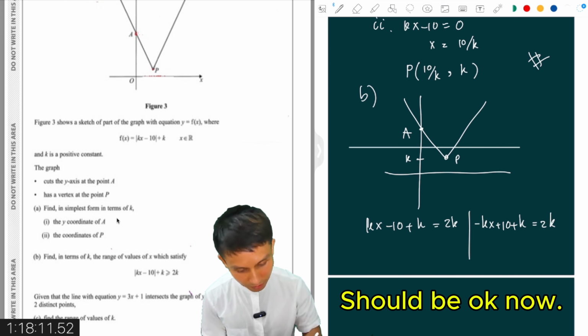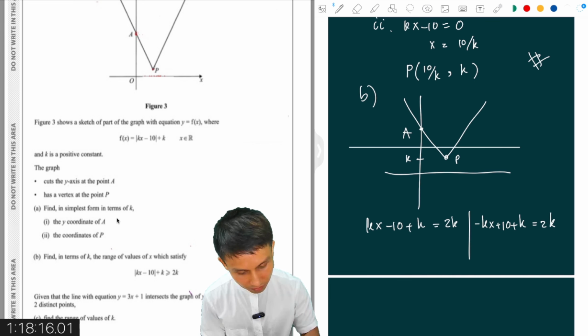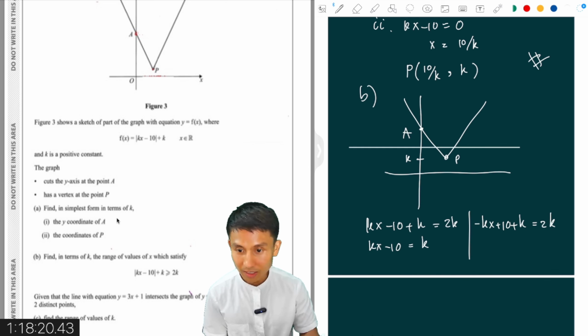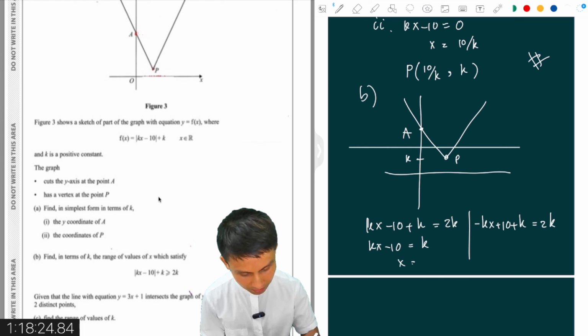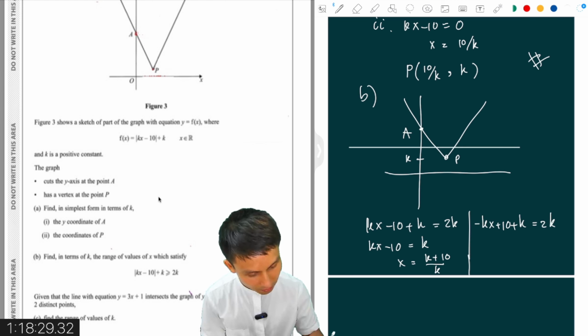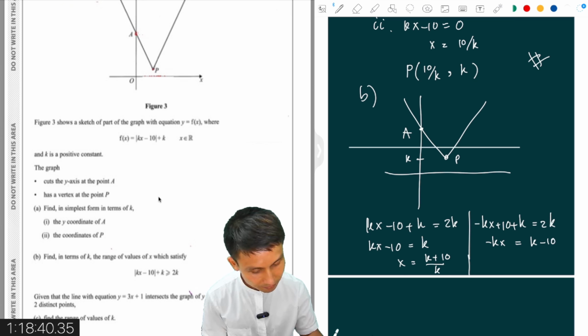All right, so this is kx minus 10 equals k. And then we want to solve for x in terms of k. So x is k plus 10 over k for this one. What about the other one? Well, it's minus kx equals k minus 10, divide by minus k.